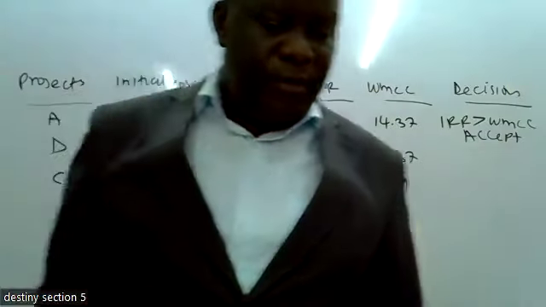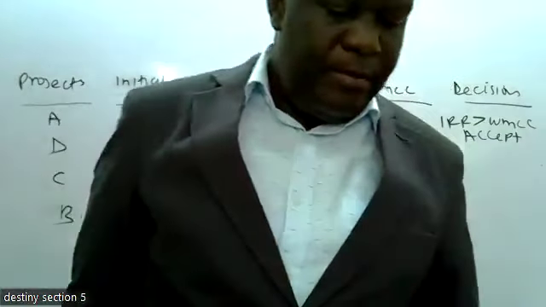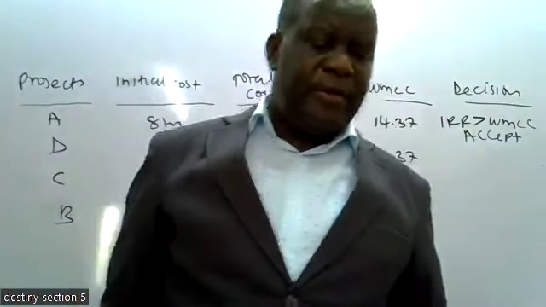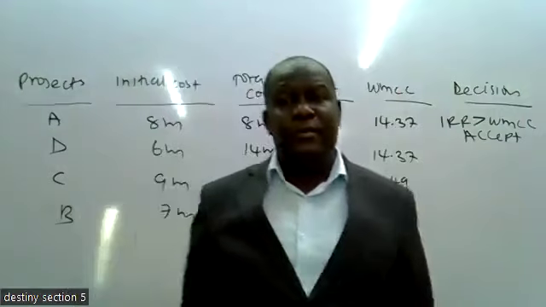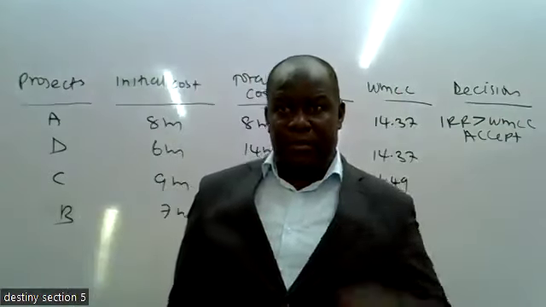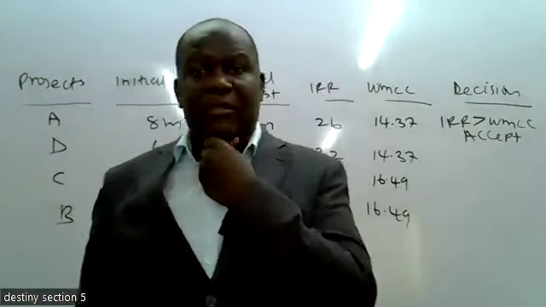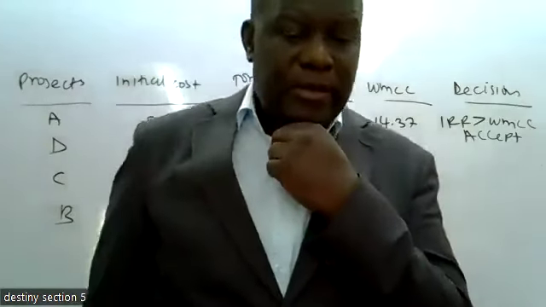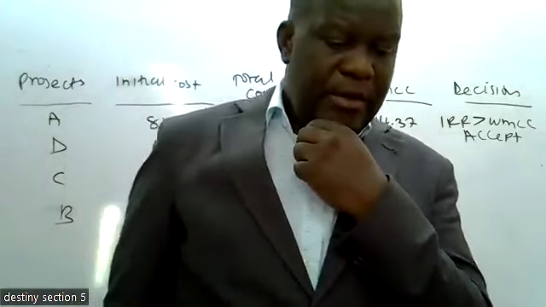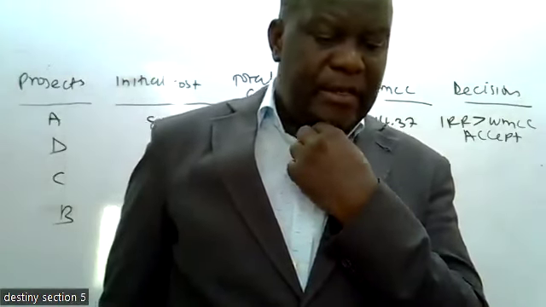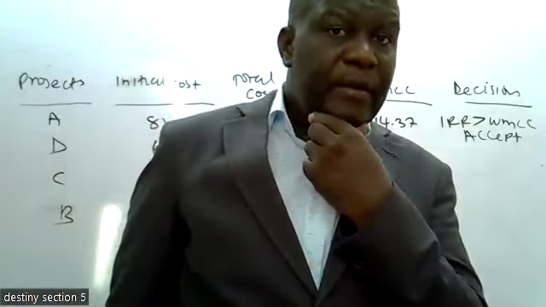Then number two will be the business or the total risk. Number three will be the size of the company.